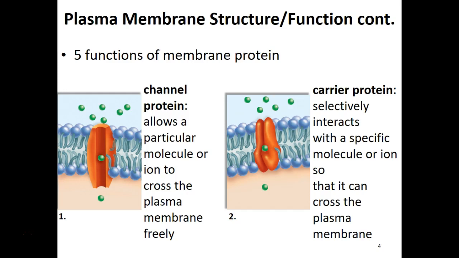A channel protein is a protein that allows molecules like ions to move from one side to the other side through diffusion. That would be facilitated diffusion. Carrier proteins bind with a molecule. Oftentimes these are glucose molecules. They bind with the glucose and then they pull the glucose into the cell.